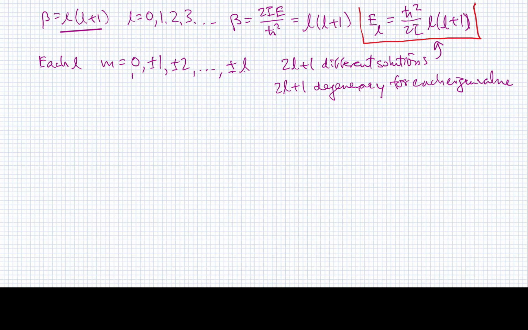All right, so what we have here is a very sophisticated mathematical equation that gives us the solutions to these things, but as long as we're willing to accept that solution, we have a pretty clean result that comes out of this, namely this E sub L is equal to this set of energy levels. Now I should mention that the Legendre polynomials are in fact orthogonal to one another.